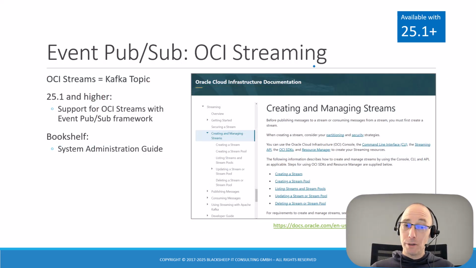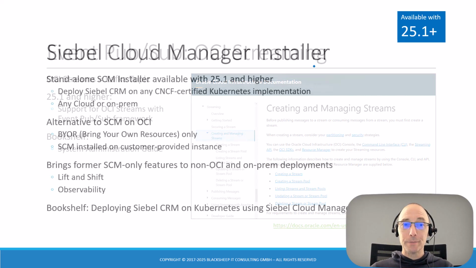Then we will see throughout this presentation that Oracle has frequently updated the event pub/sub feature, which translates to Siebel integration with Kafka. Since 25.1, you can integrate natively with OCI Streams, that is Kafka on OCI.